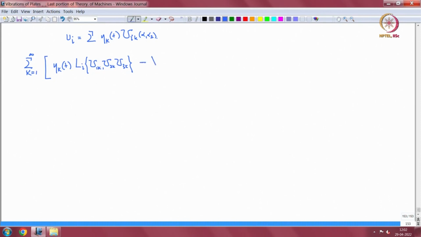Then minus lambda, the temporal derivative comes on eta, then u_ik, minus rho h eta_k double dot u_ik is equal to minus q_i.